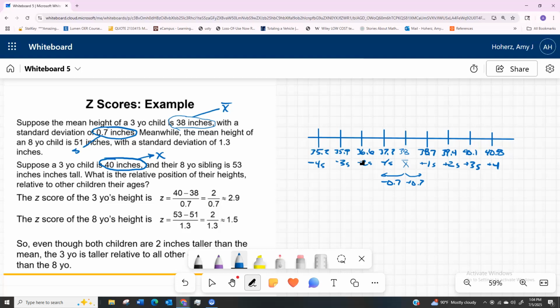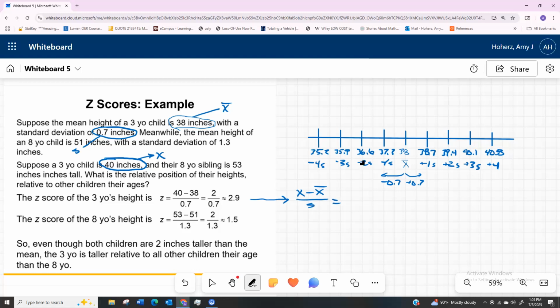Okay, so we have other information here for an 8-year-old child, but we're just going to stick with the 3-year-old child for now. I know you can see it right here, but I'm just going to work it out. In order to get that z-score, you're going to take x minus x bar, and then you're going to divide by s.